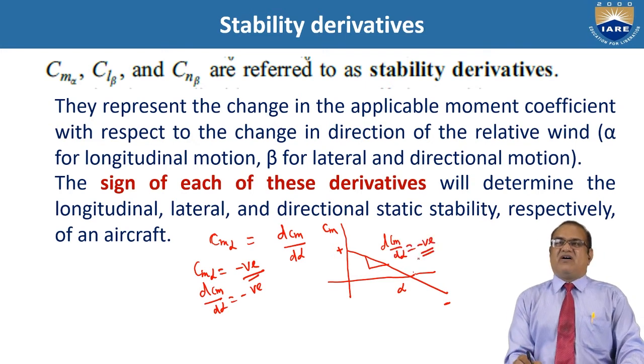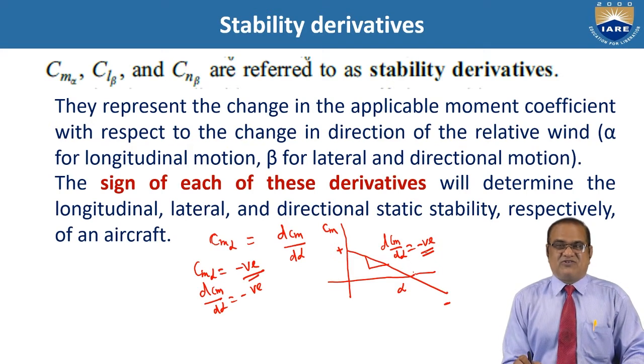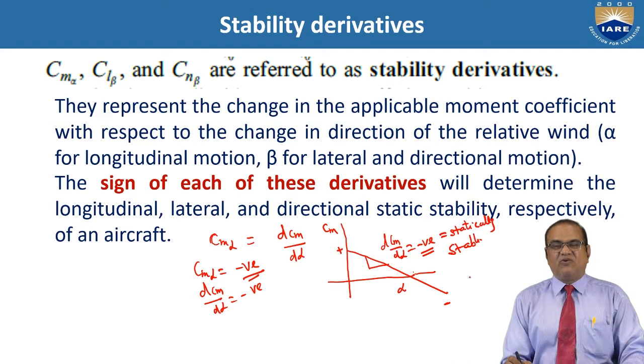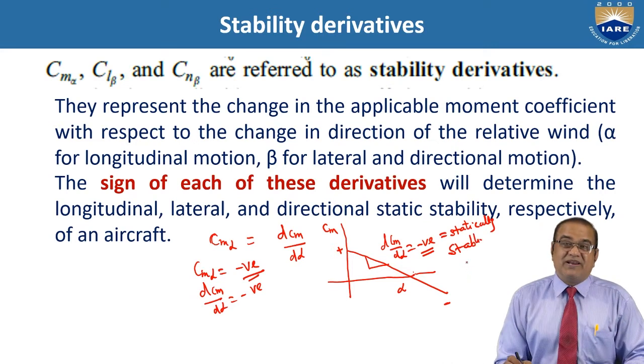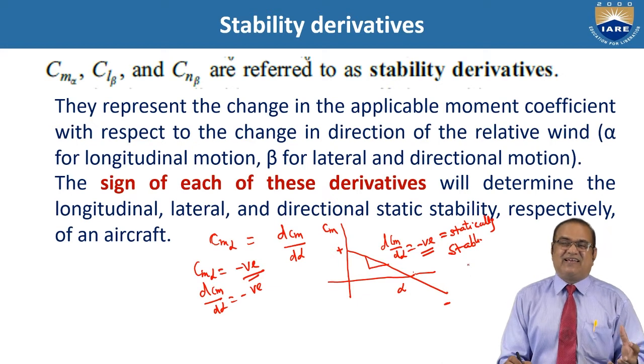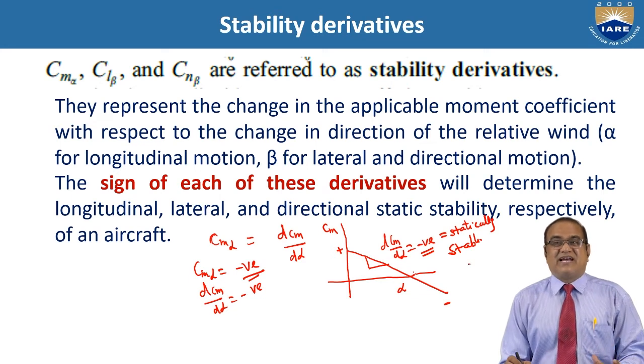If dCm by d alpha is negative, then we can say that it is statically stable. Okay, so your stability derivatives and their sign are very important, and this sign will say whether the aircraft is stable, unstable, or neutrally stable.